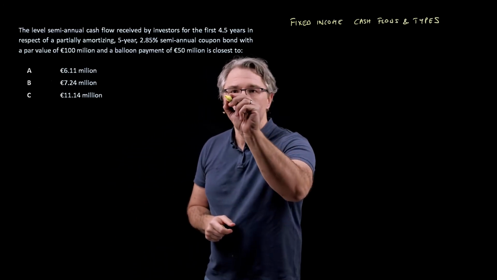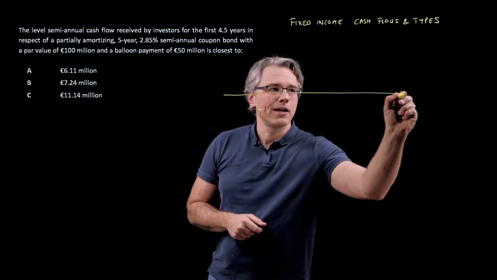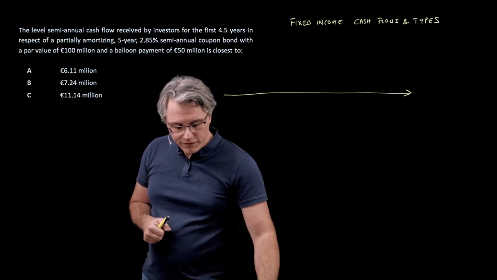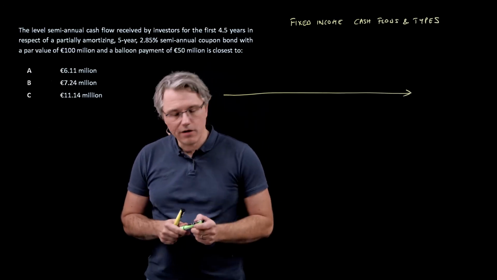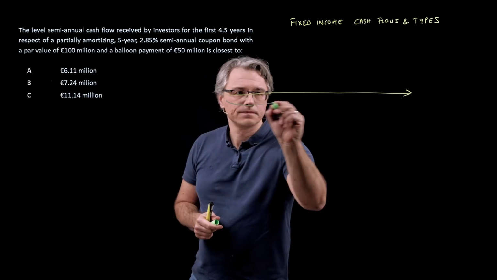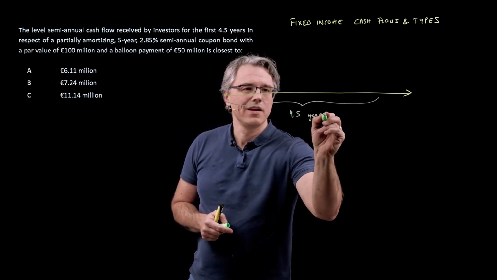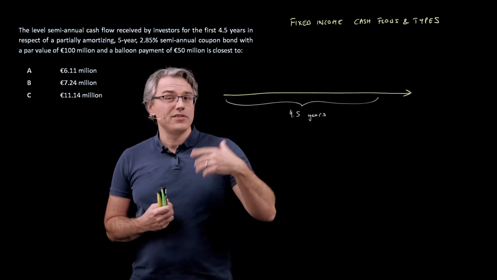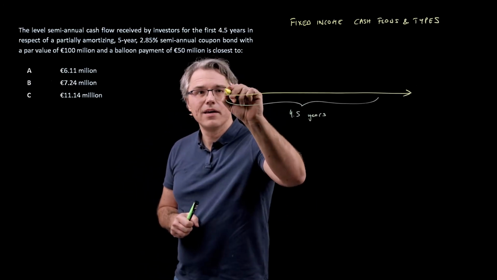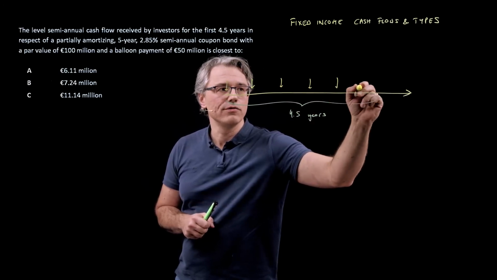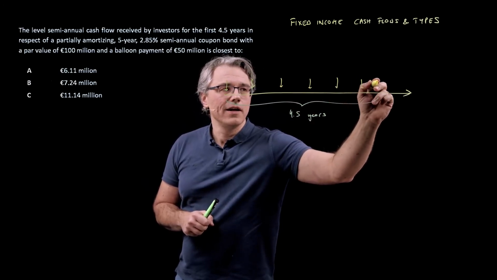So if you draw this out on a timeline, what's going to happen is for the first initial 4.5 years, this bond, I'm assuming, is going to make a certain level cash flow to investors, right?